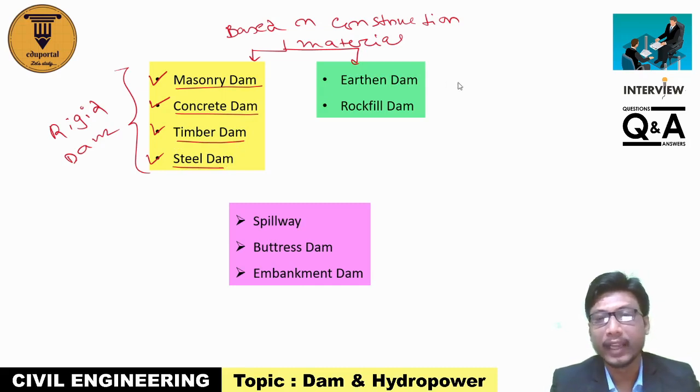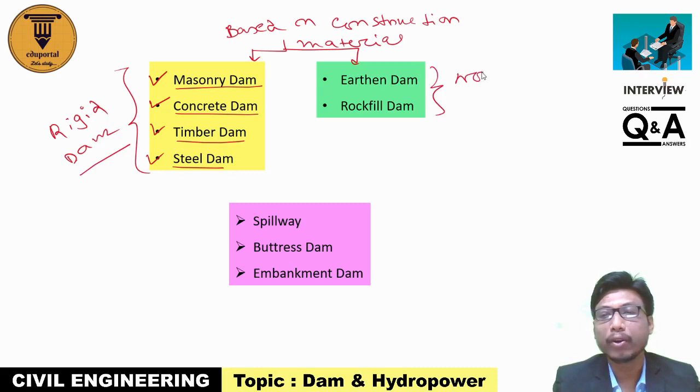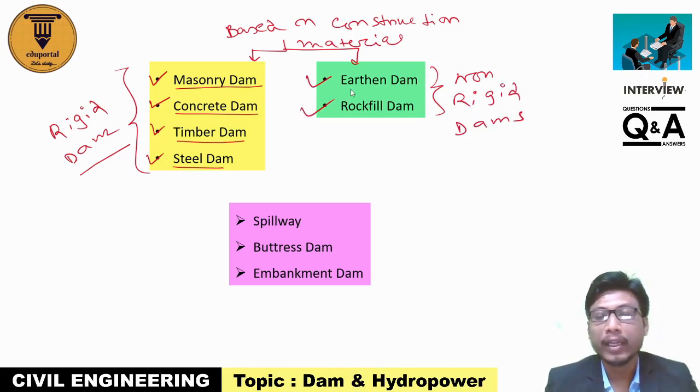And then non-rigid dams, and these are earthen dam, rockfill dam. I will talk in detail about earthen dam in our later videos. So this is the classification based on the material used.